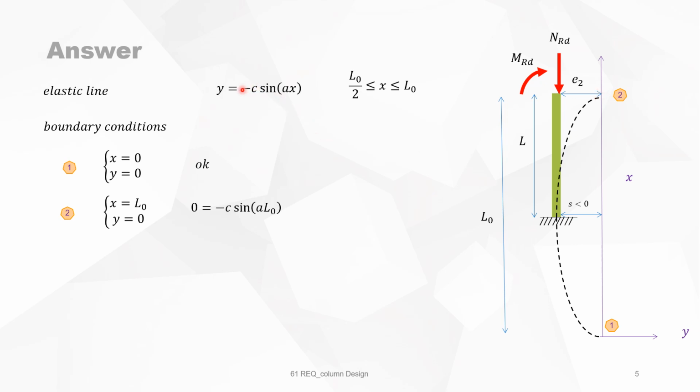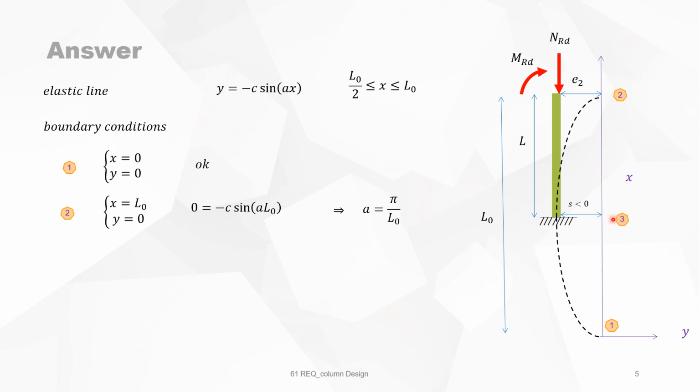Then we fill it in this equation, and we see that 0 must be equal to minus C sin(a L0). Of course, C equals 0 is a solution, but then we end up with nothing. So we suppose that C is not 0. So the sine of this must be 0, and that means that a must be pi over L0.